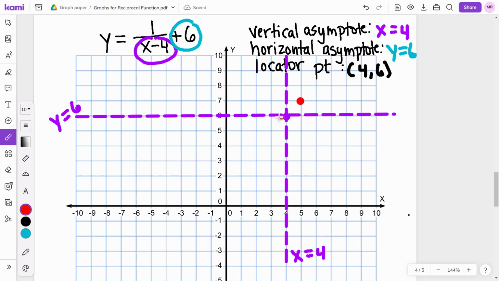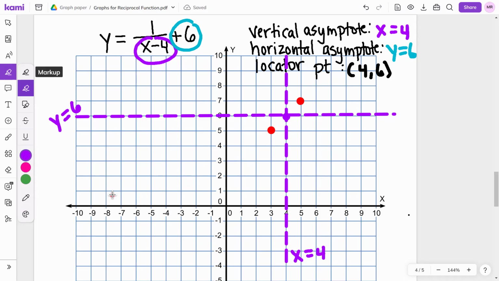And then going back here and going -1 times -1 is 1. And then you can just draw the 2 branches. So there's one branch, and there's the other branch. So hopefully this helps you figure out how to graph any reciprocal function graph.